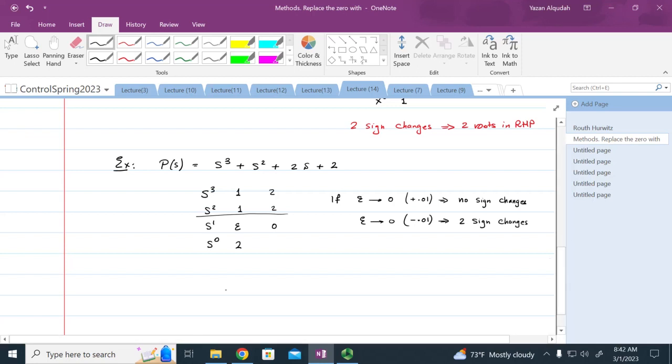So therefore, when we have a case, when we go epsilon from right, no sign changes, epsilon from the left, 2 sign changes, it means these 2 roots are on the j omega axis.